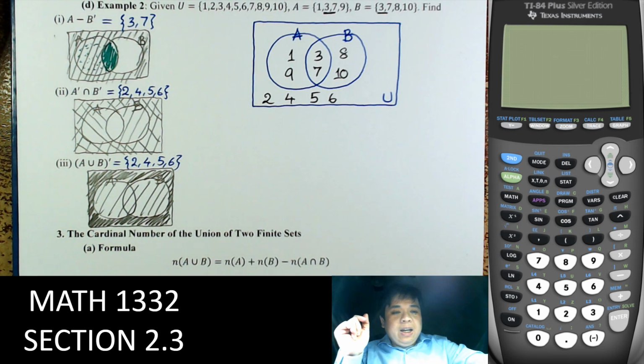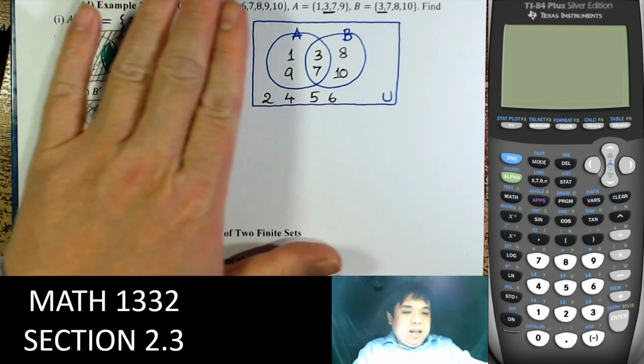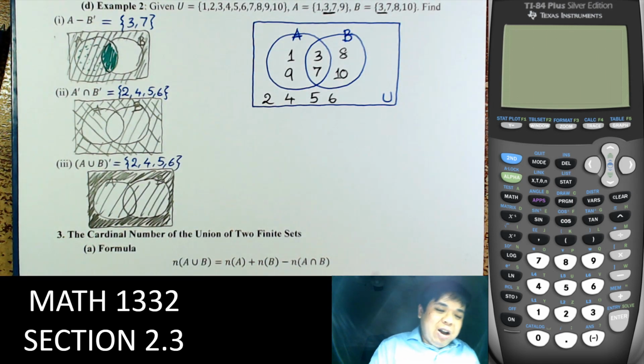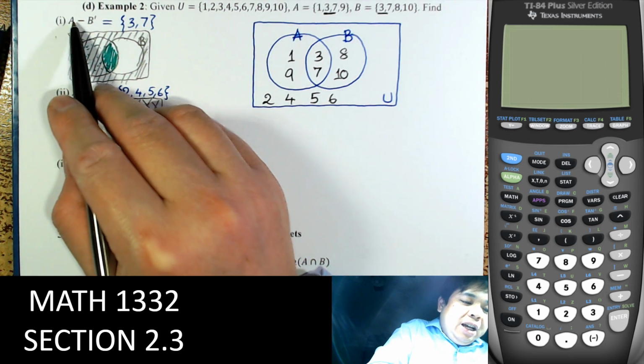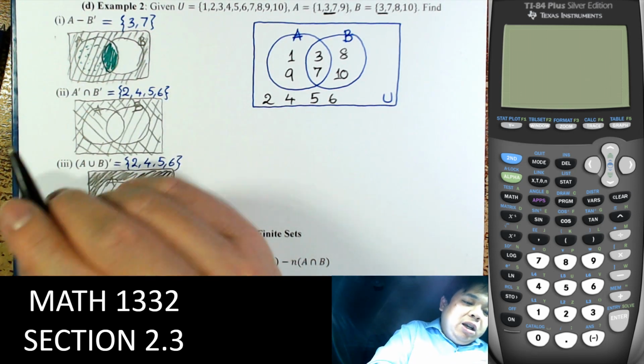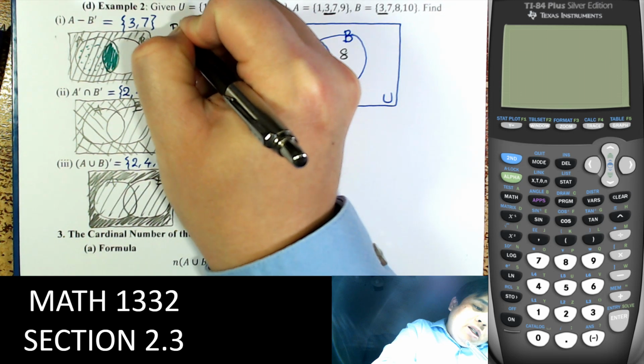Now we can certainly do this by hand and without any Venn diagram. So first, A minus B complement. First we do the B complement.